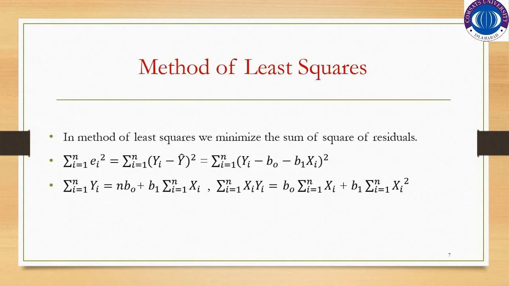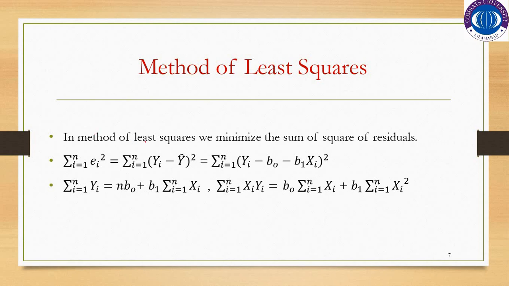For this purpose, we use the method of least squares. The method of least squares is a method used to find the estimates of the unknown parameters beta naught and beta 1 when you are regressing y on x, so that you get the best fit, because it gives you estimates of the parameters which have the minimum variance.